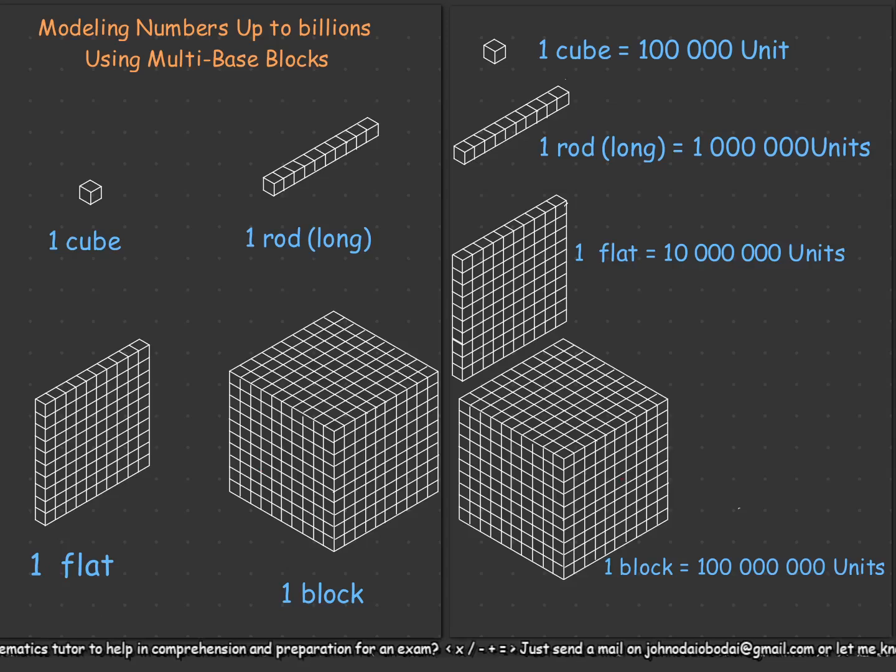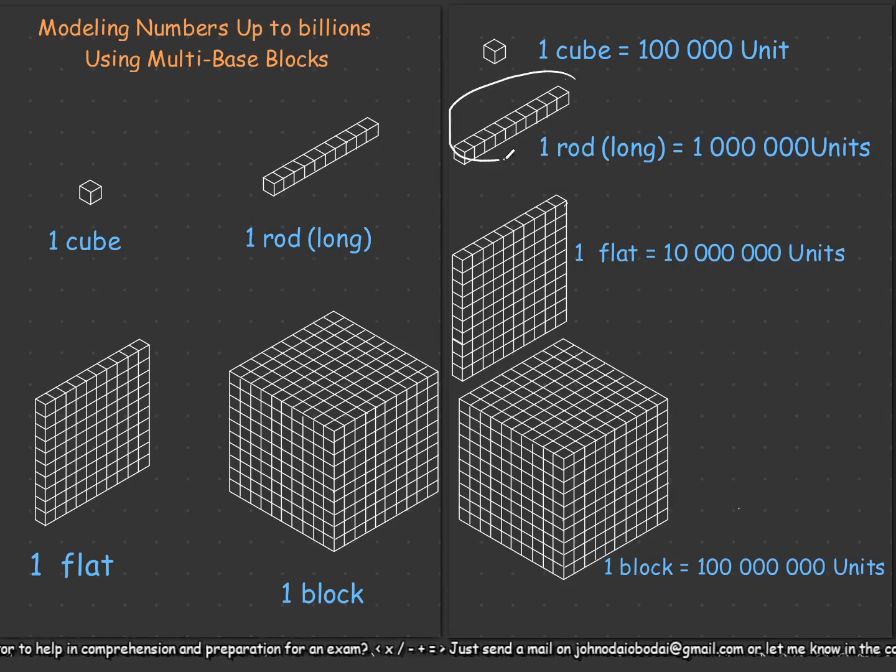Now, with that said, unlike our previous lesson where we were limited to thousands, this time around, as I've said earlier, we are working in billions. Hence, one cube is going to represent a hundred thousand units. So 100,000 units for one cube.